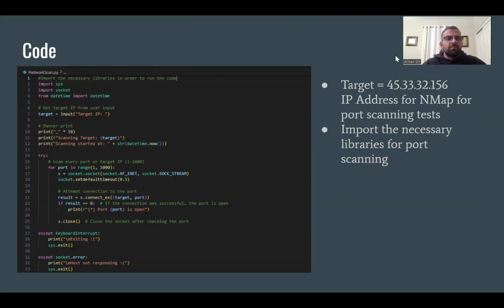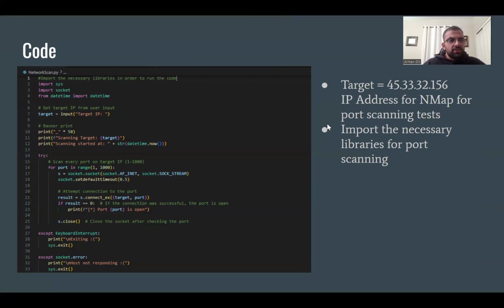The first order of business is to import the necessary libraries to run the code. So here are the libraries that we ran. Going from here, we get the target IP, which is located right here, 45.33.32.156, which we will input later.